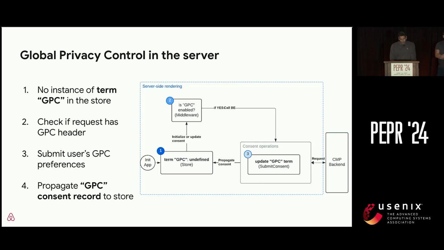We solve this at server-side level when there is a check of the GPC header that doesn't exist. Our middleware will trigger a request to our backend, and finally, it will propagate our store with the values from that response.